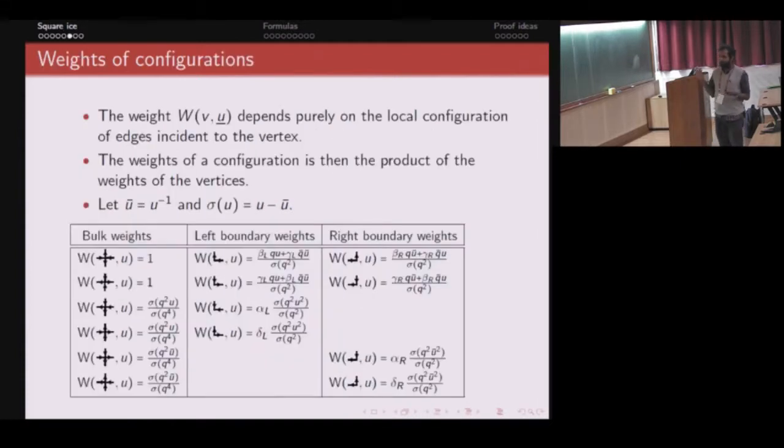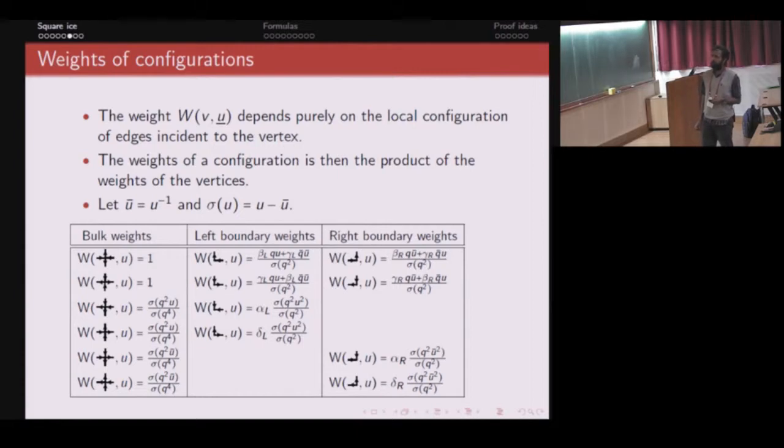The model has many parameters and it can be quite confusing, so I'm spending some time on it. To each vertex there will be a weight. The weight is given by the local configuration at that vertex. There are 6 possibilities in the bulk, and there are some symmetries. Just for convenience, we have this shorthand notation: u bar for u inverse and sigma of u for u minus u bar.